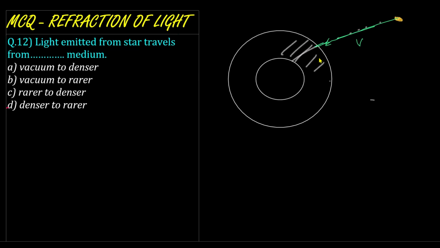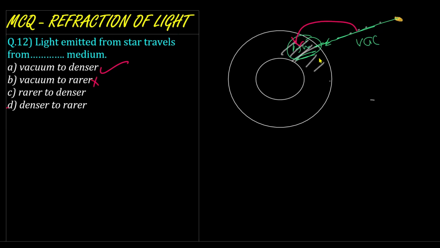But as it enters the Earth's atmosphere, it faces air. Air has slightly higher optical density than vacuum. So the rays of light are traveling from vacuum to denser.